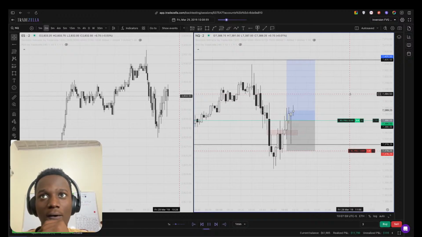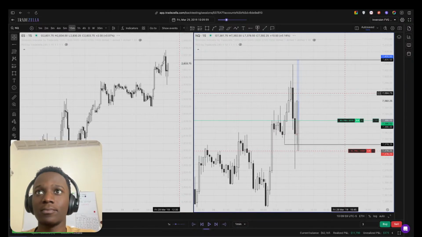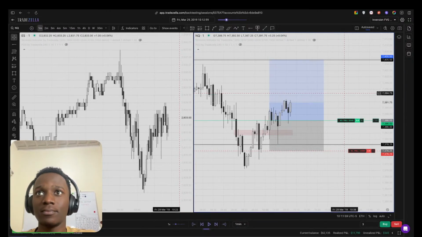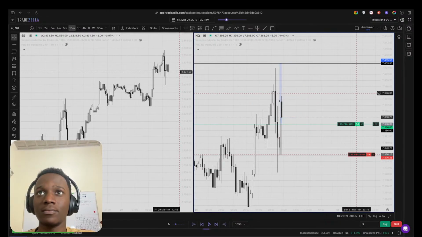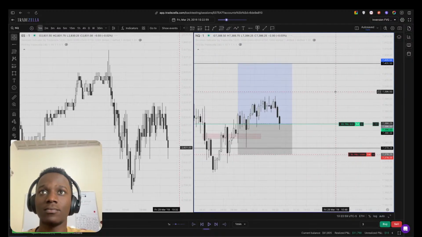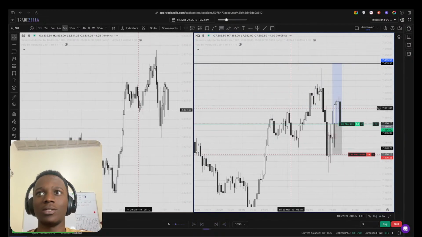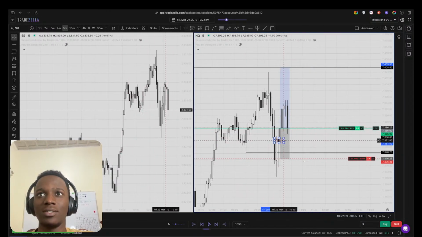Wow, this was a crazy retracement. Yeah, price doesn't want to move at all. I think I'm going to close it obviously here.